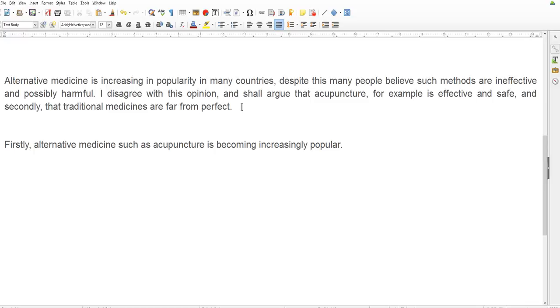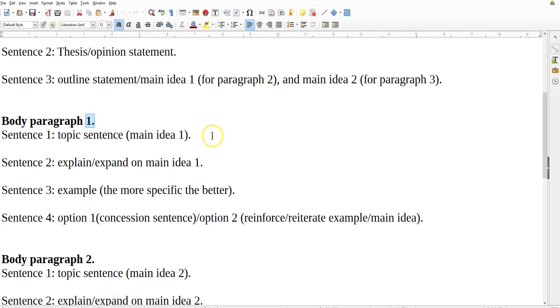Okay. Many people use this for treatment of back pain and to stop smoking. So that's, if we take a look at it again, main idea, explain it now.